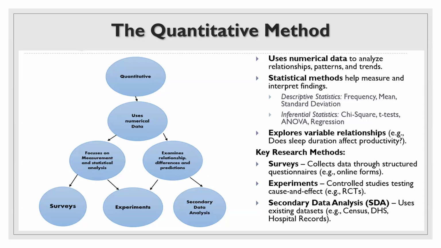That's the research objective. The research question will be, is there a relationship between sleep duration and productivity? That's the research question. The null hypothesis will be, there is no significant association between sleep duration and productivity. Then the alternate hypothesis will be, there is a significant association between sleep duration and productivity.